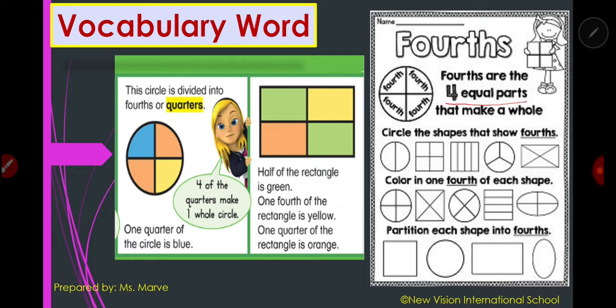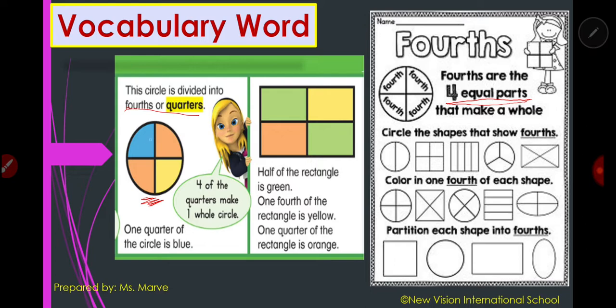It means you are going to divide the shape into four equal parts. The sizes should be the same. That is what makes it equal. Okay, let's have this example. This circle, focus on this one. This circle is divided into fourths or quarters.